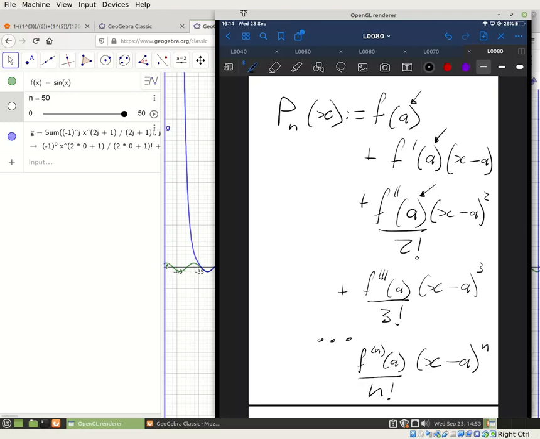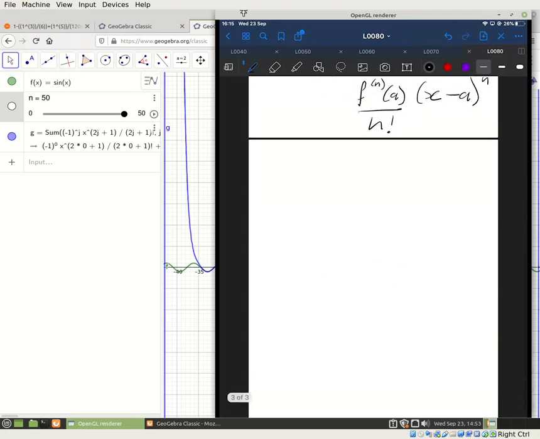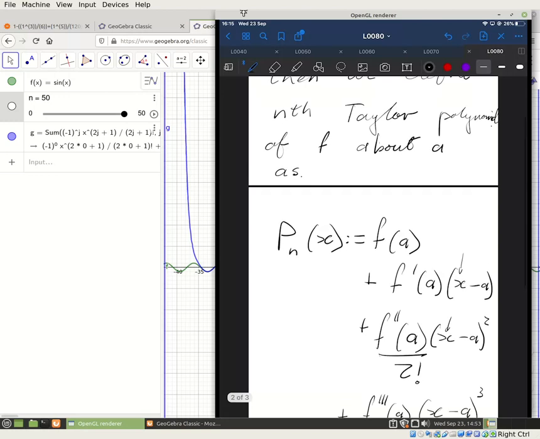So these values f at A, f prime at A, f double prime at A, etc. These are just numbers. And the only variable involved here is this variable here. Okay, so that is the definition of the Taylor polynomial.